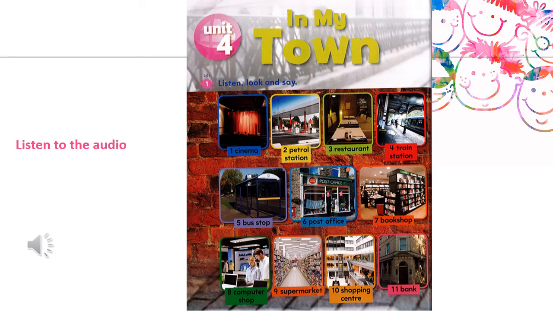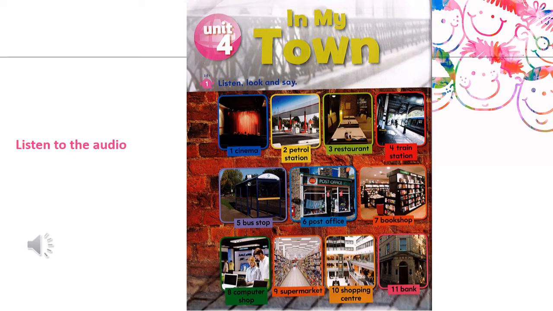Unit 4. In My Town. Pupils Book, page 44, Activity 1. Listen, look and say. 1. Cinema. 2. Petrol station. 3. Restaurant. 4. Train station. 5.